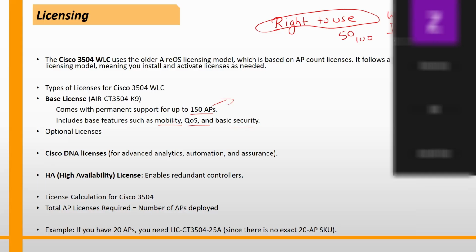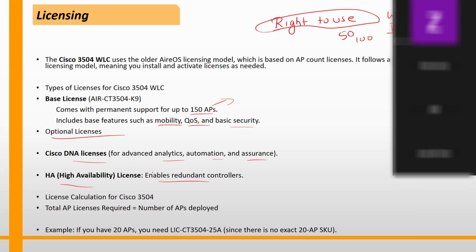Mobility, as you know, is a feature for when a client wants to roam from one access point to another access point. And quality of service we already know, and the basic security. There are optional licenses like the DNA license and the high availability license. The DNA license is used for advanced analytics, automation, and assurance. For HA, it enables redundant controllers.